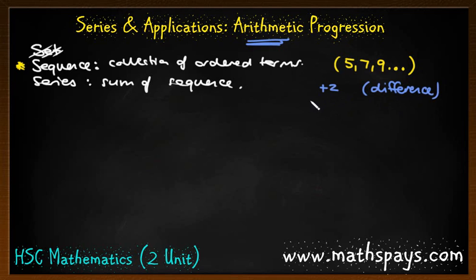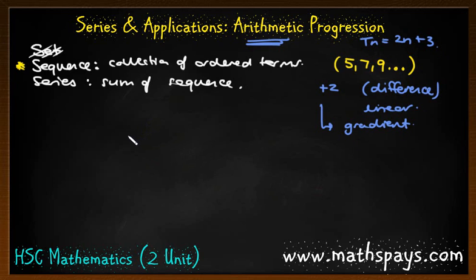We mentioned that in terms of it being a linear progression, where the plus 2 was equivalent to the gradient, and we came up with that little rule, Tn equals 2n, that's the gradient, and then we added 3.